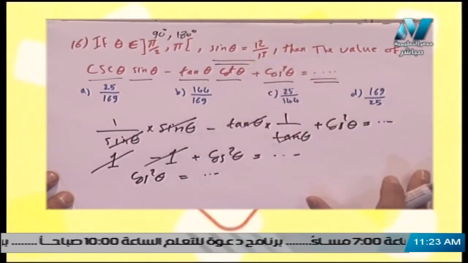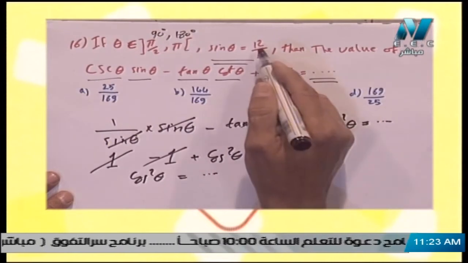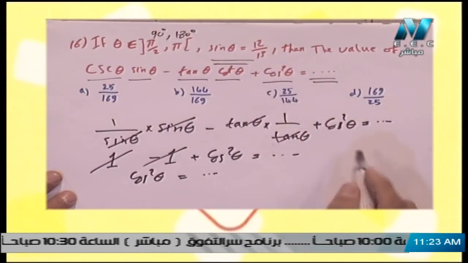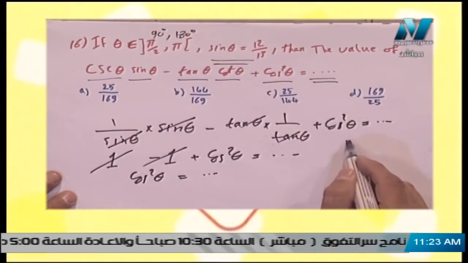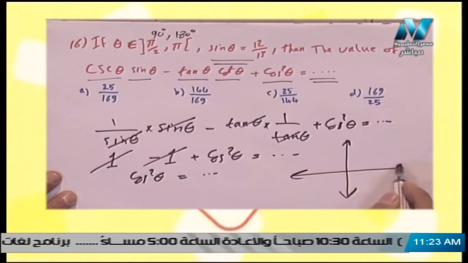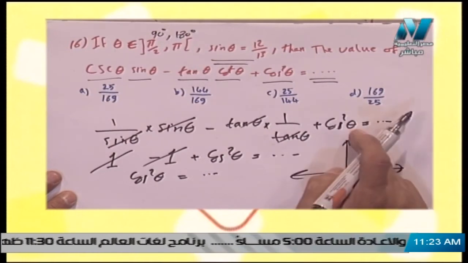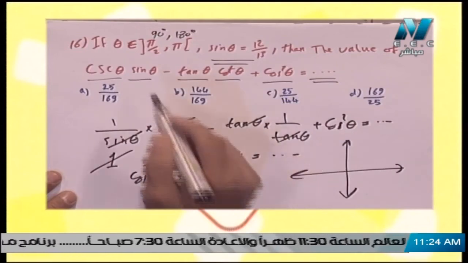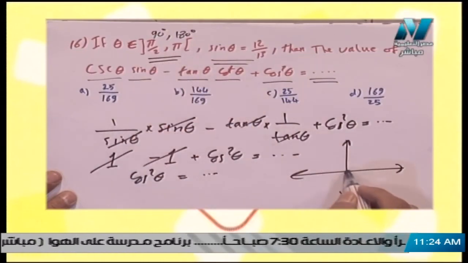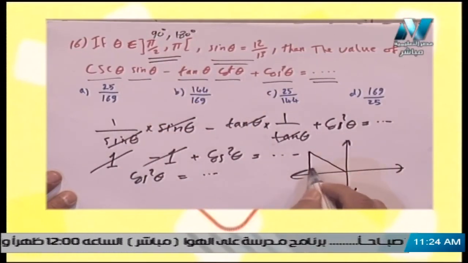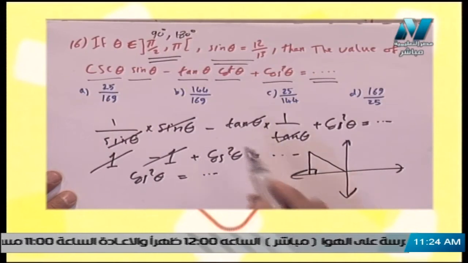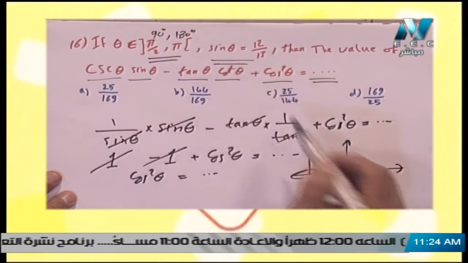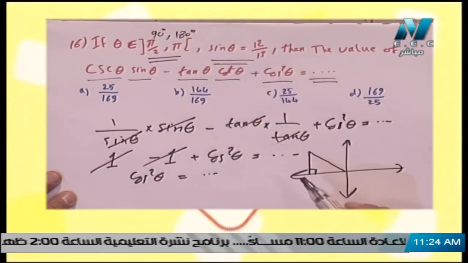We have here sine theta equals 12 over 13, and we have the quadrants: the first quadrant between 0 and 90, the second between 90 and 180, and this is the one. So we'll draw a right angle triangle like this, and sine theta is positive and equals 12 over 13.